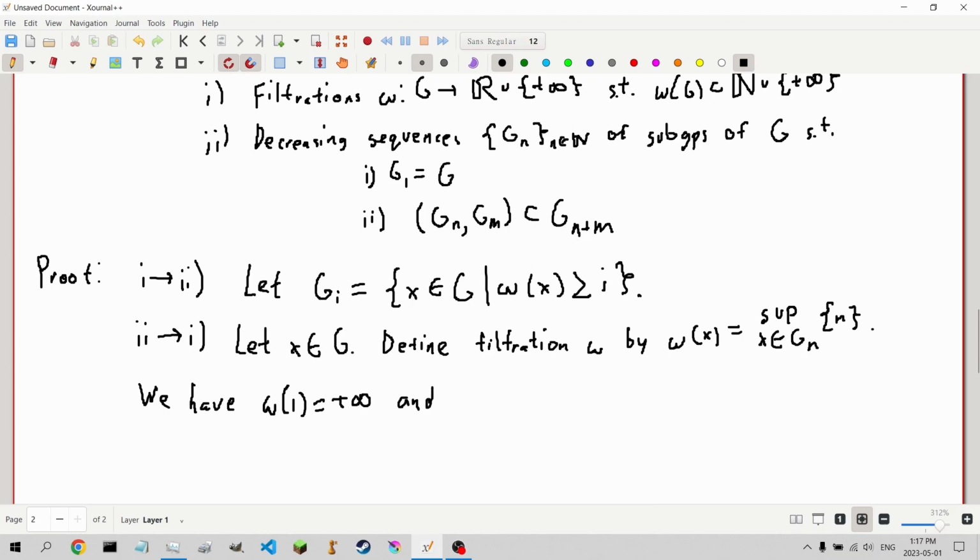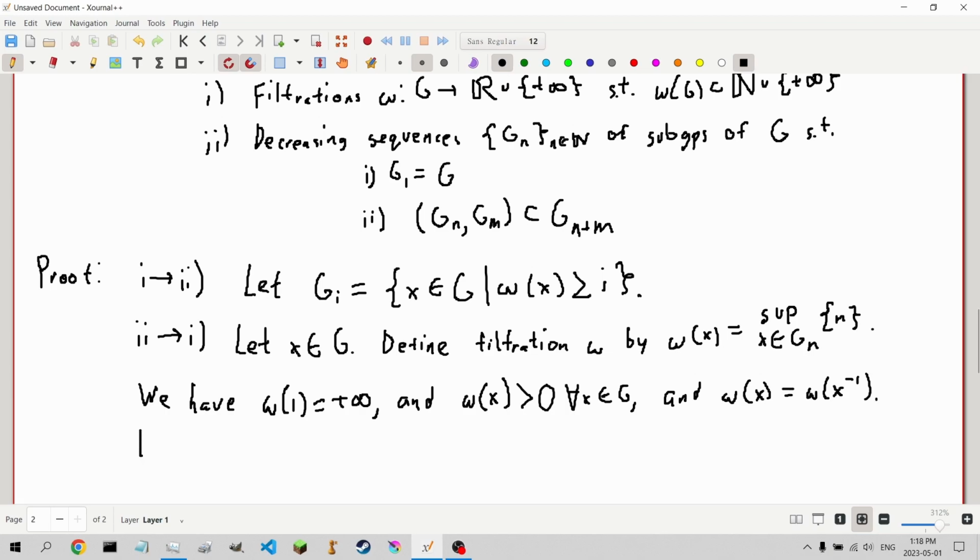And because of our first definition, that G1 has to be G, we get the condition that omega of x is at least 1 for all x. We also get that omega of x, because it is a subgroup, has to be closed under the inverse, and so it has to contain the inverse.